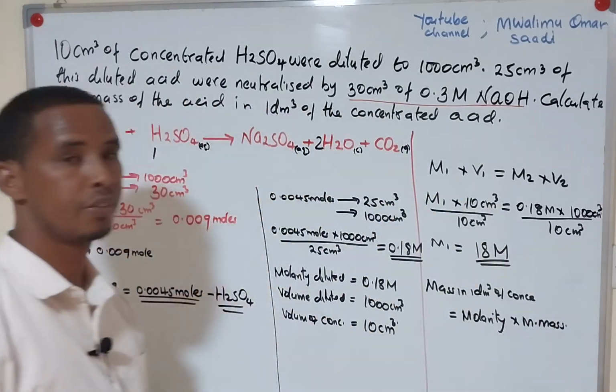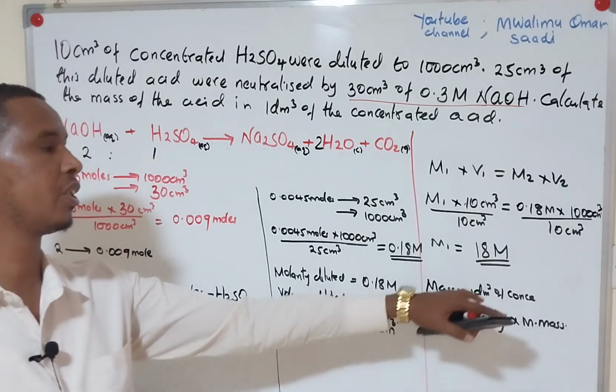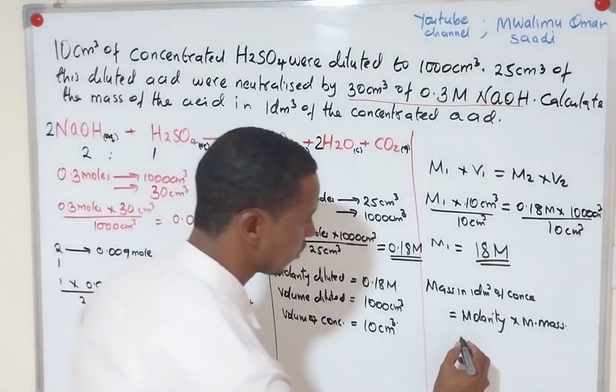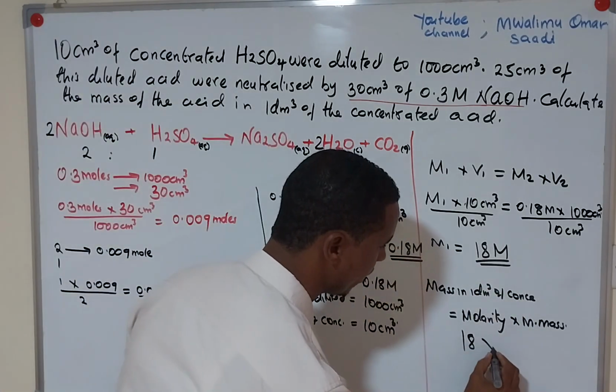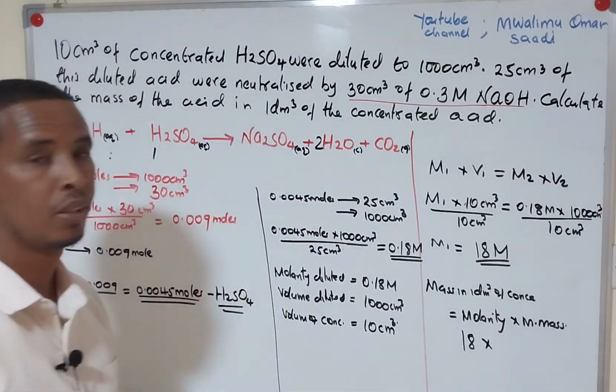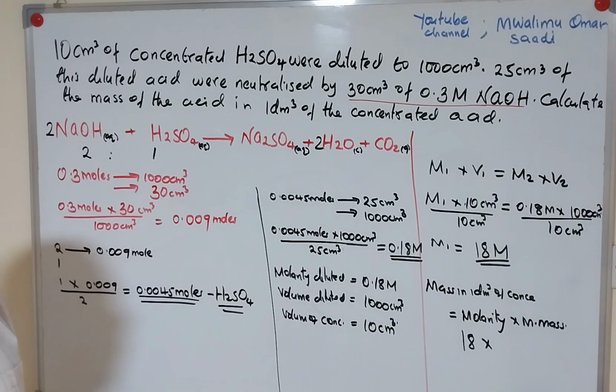So the molarity of the concentrated acid is 18 for our case.